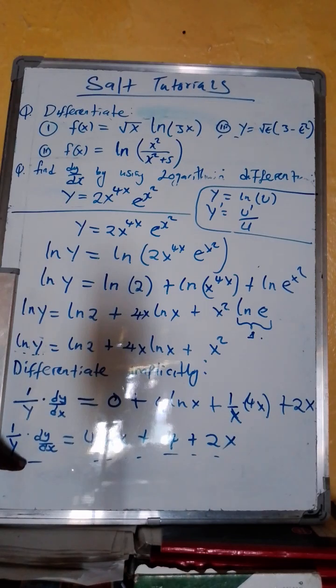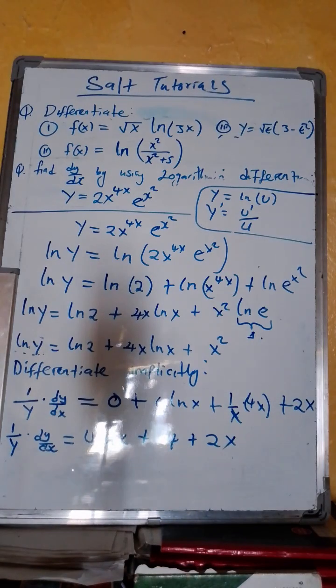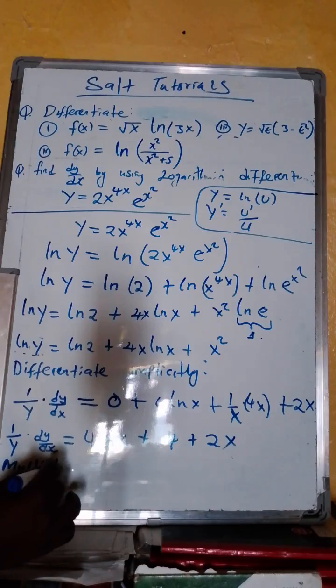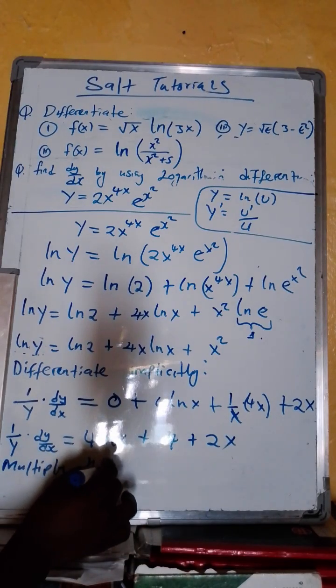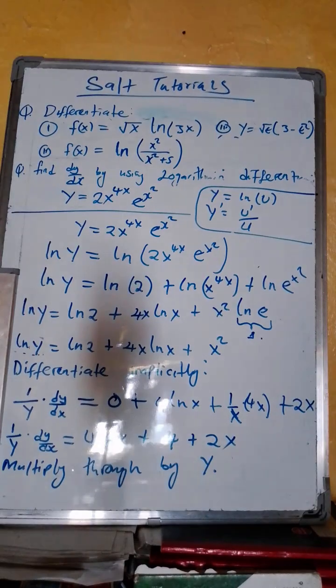So what am I going to do? We are multiplying throughout. Multiply throughout by y, so that we can eliminate this, because 1 over y times y will cancel out, and will just remain with dy dx. But a y throughout.